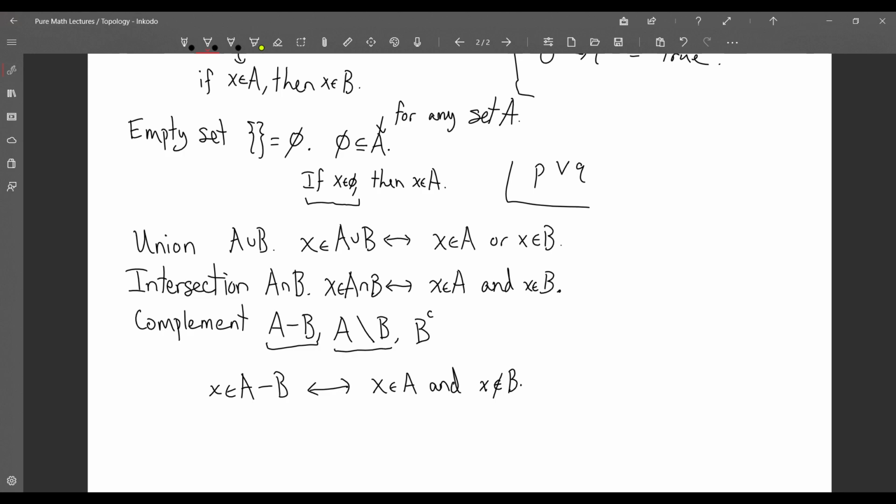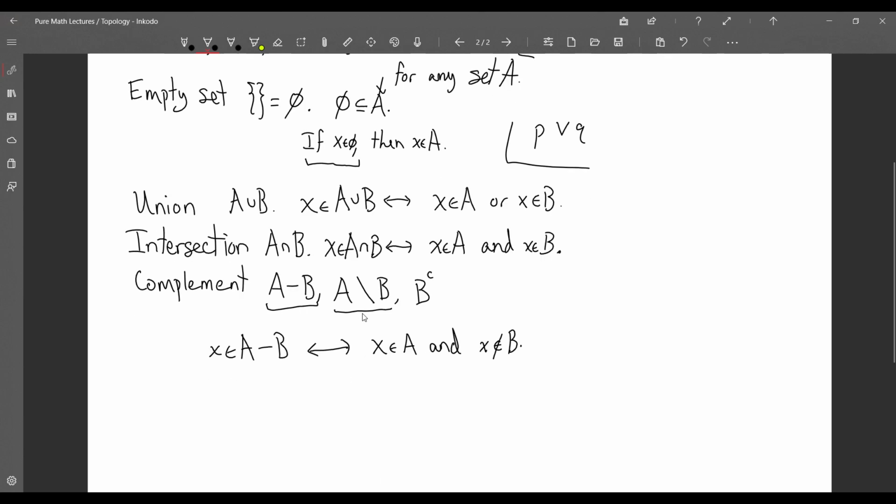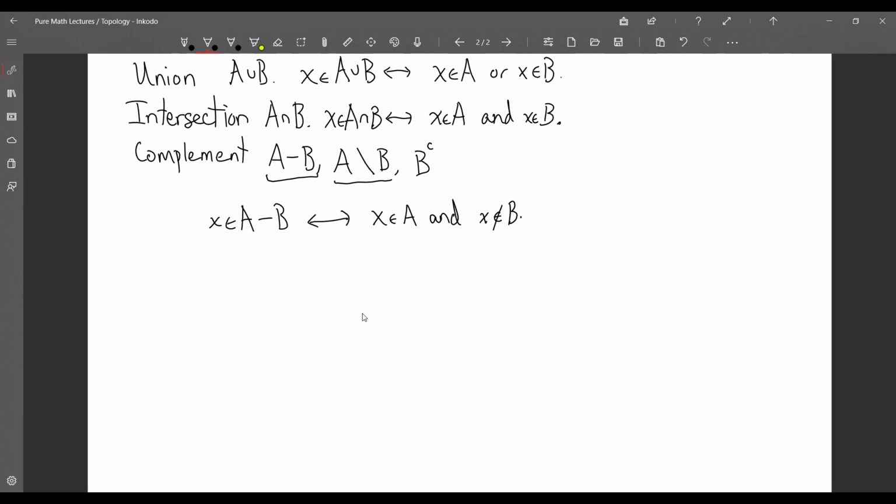And so once you define these operations, there's a lot of things that you can and really should prove, right? Like that this operation is associative, right? It doesn't matter the order in which I take unions, right?